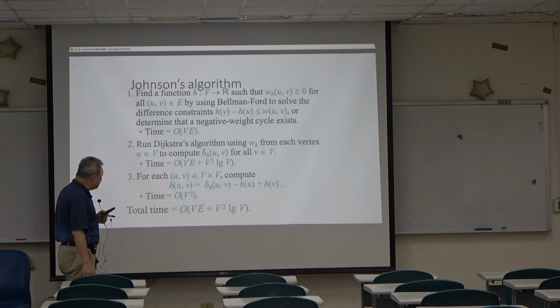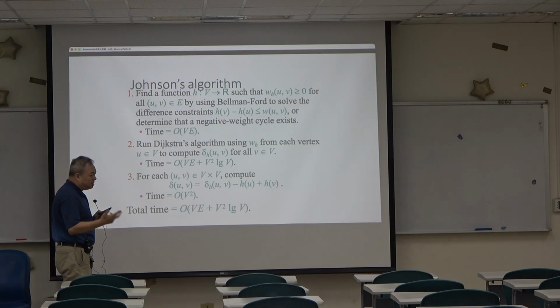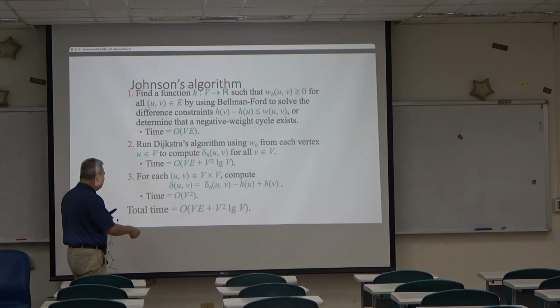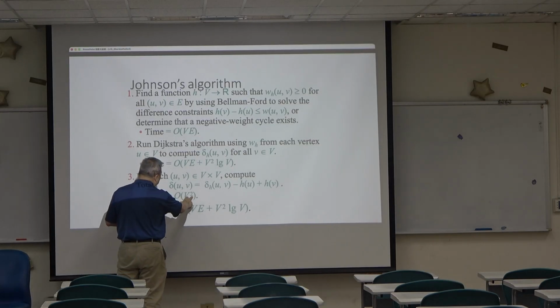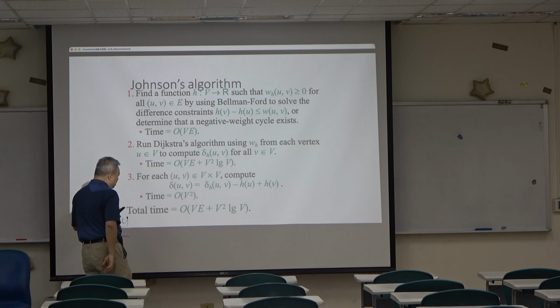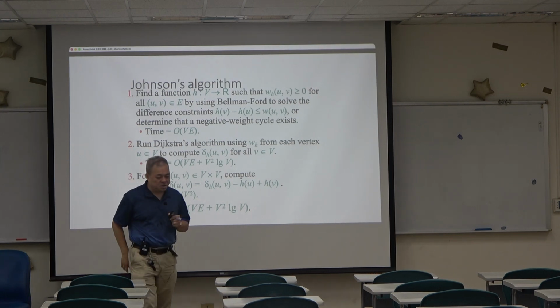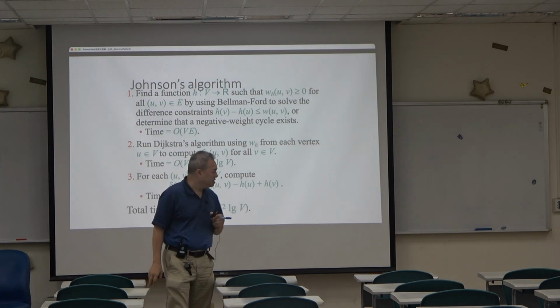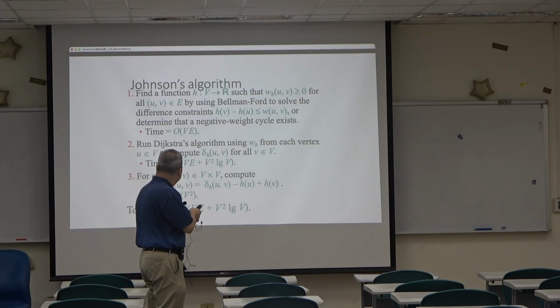Because you need to do this for every pair of nodes, the complexity will be big O V squared, because we are talking about every possible pair, right? So we have these three steps.